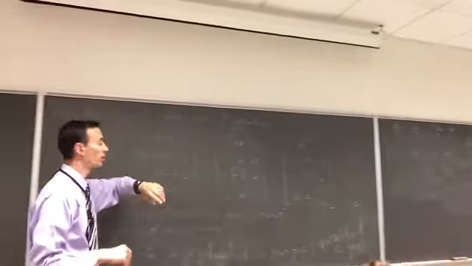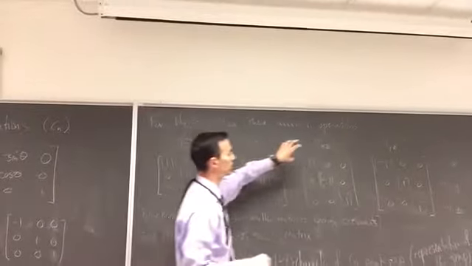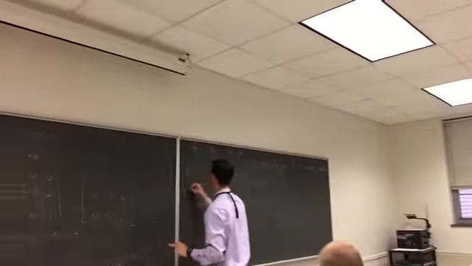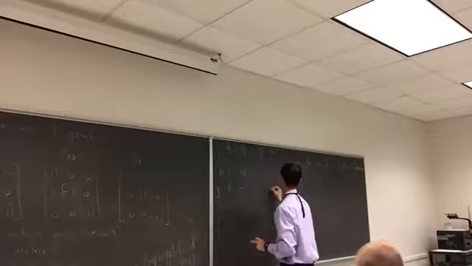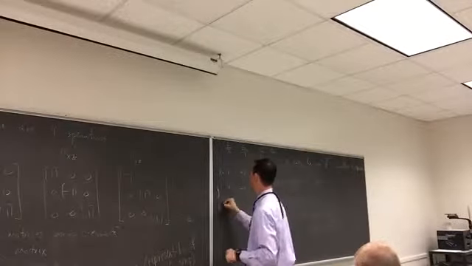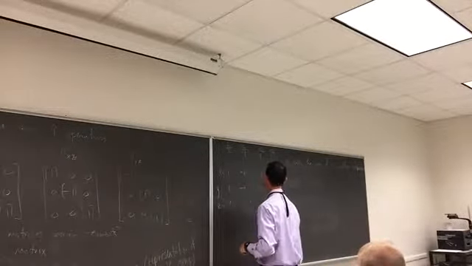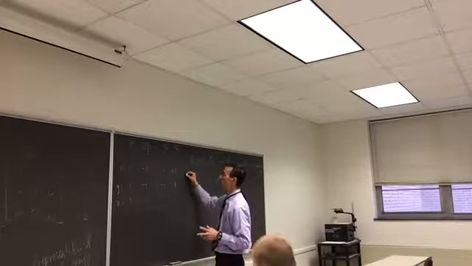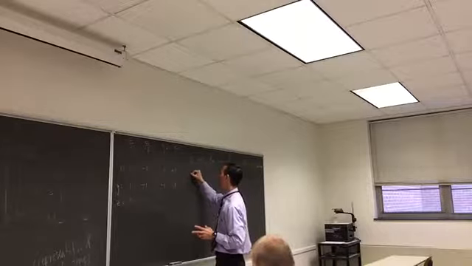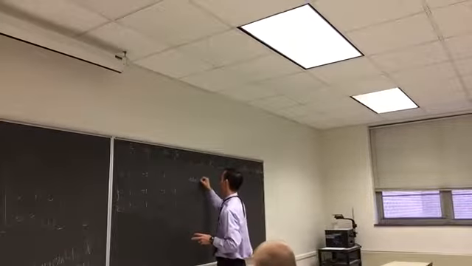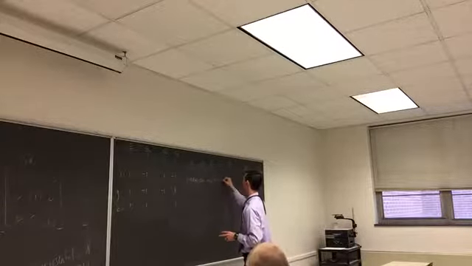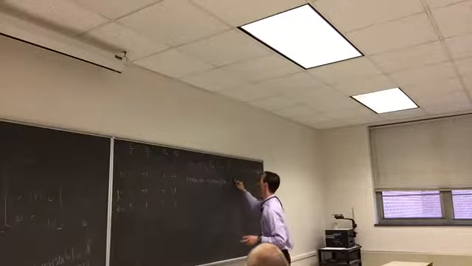For y, it's 1, negative 1, negative 1, 1. And for z, that's the positive 1 all across the way. Okay? These three are what are known as irreducible representations of the point group.